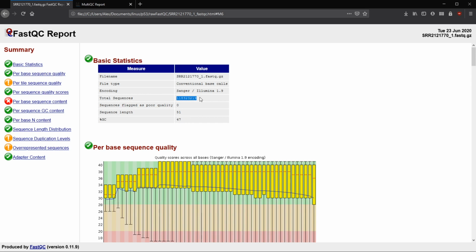The total sequences that we have for all of the forward is going to be a little over 118 million, 118,323,219. Sequences flagged for poor quality. I'm not 100% sure what is considered poor quality here, but we have 0.